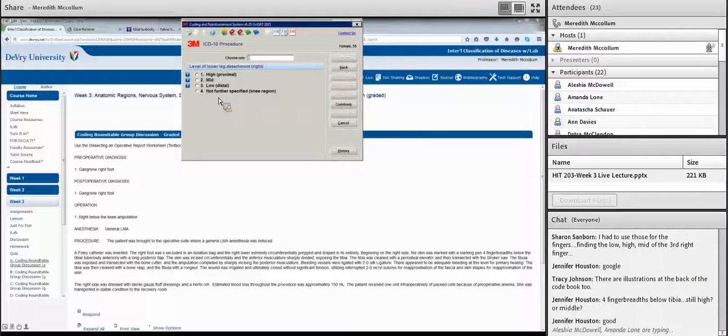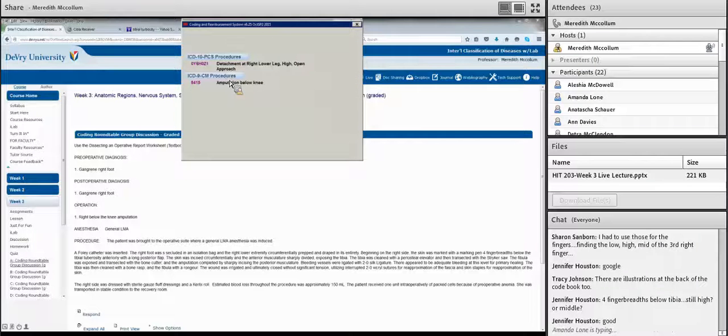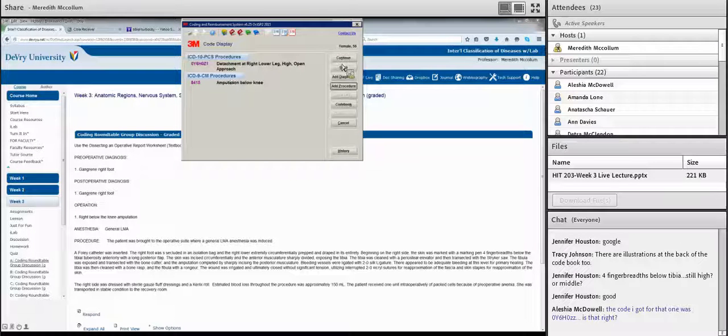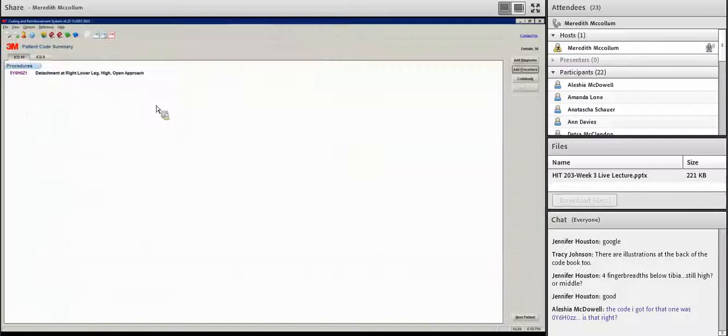I mean, in all honesty, most BKAs are high. If they're cutting off the foot, that's a whole different thing. But this is considered a below the knee amputation. So in this case, it is high. That was just for ICD-10 purposes. So you have detachment of right lower leg, high, open approach.